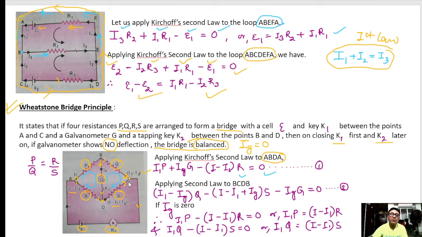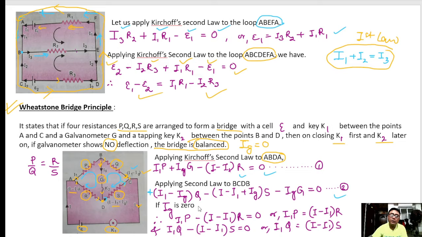So see, we are going in the direction of this current, so I will write plus I1 minus Ig into Q. And then we are moving opposite to the direction of the current through the resistance S, so it is minus I minus I1 plus Ig into S. And now we are moving opposite to the direction of Ig, so it is minus Ig into G equal to 0.